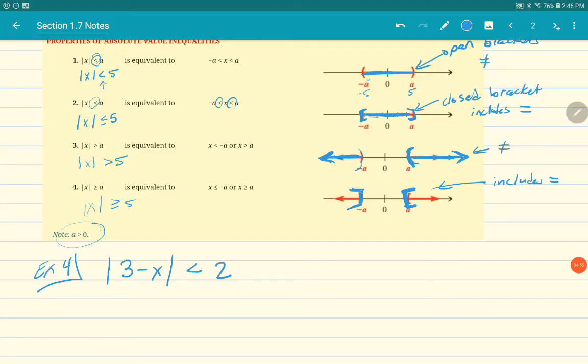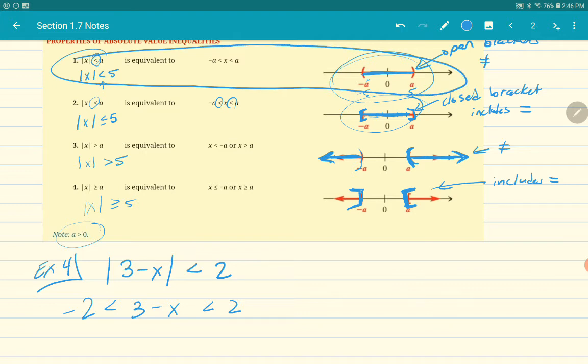Okay, so with less than, that means I'm doing an interval, that the 3 minus x is between, that distance is less than 2. So that value could be negative also. So it's between -2 and 2. So that is this first example here.